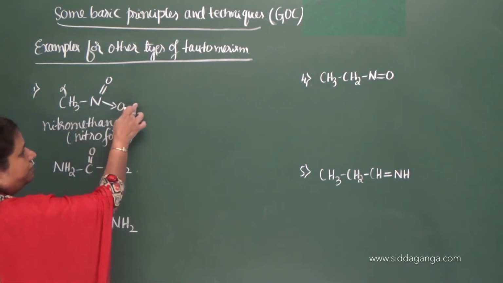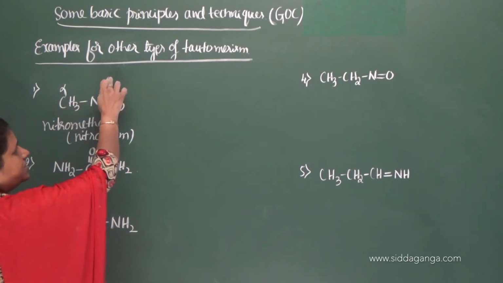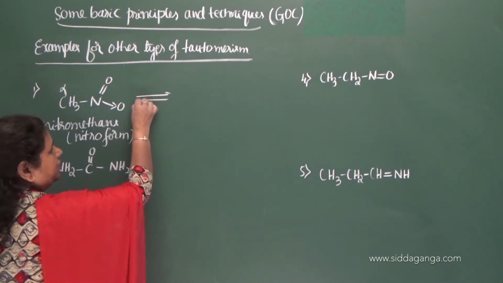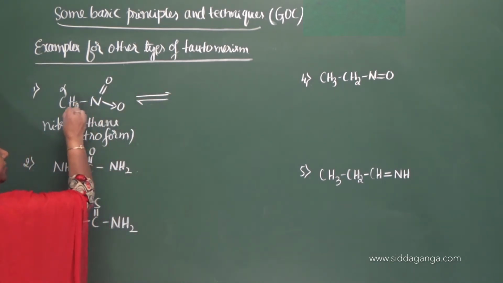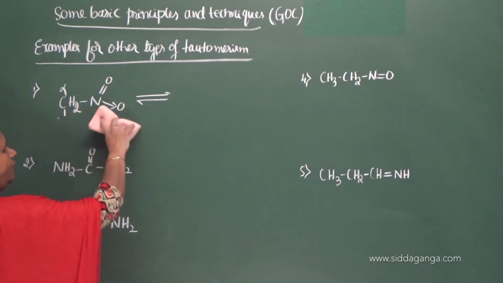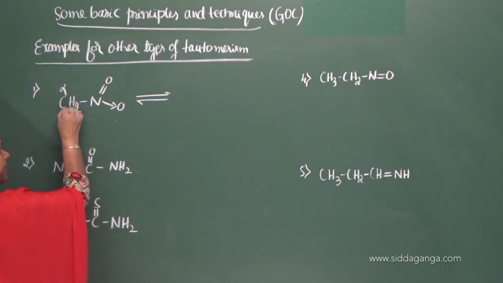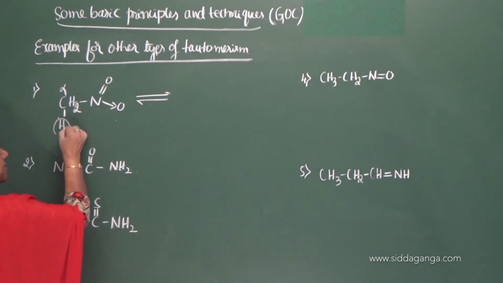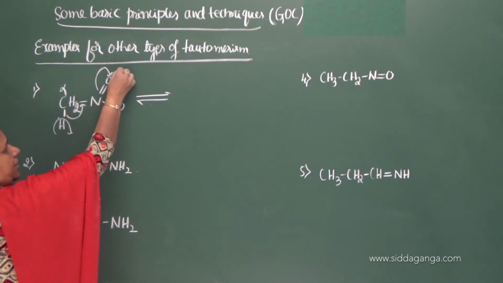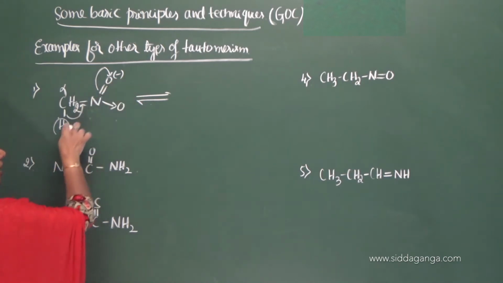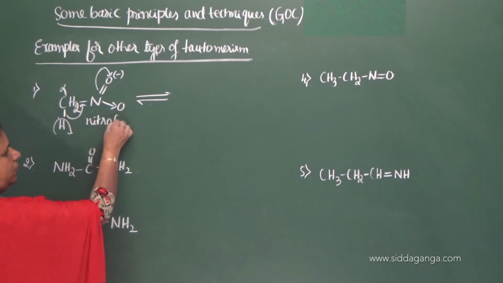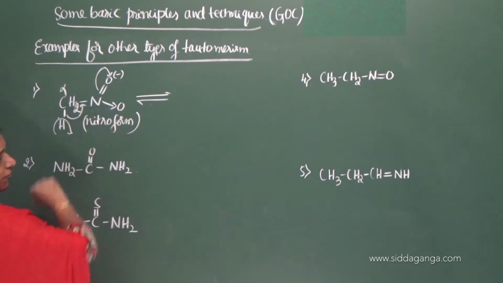The migration of the alpha hydrogen takes place from here to here because here is a multiple bond: 1, 2, 3, so it is a 1,3 shift. In this CH2, one of the hydrogen atoms breaks and shifts here, the pi bond shifts, this oxygen gets the negative charge and readily abstracts the proton, and this is the nitro form.